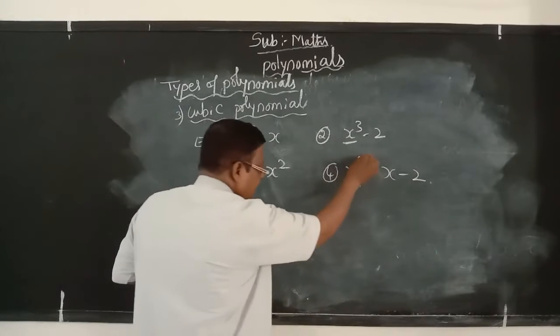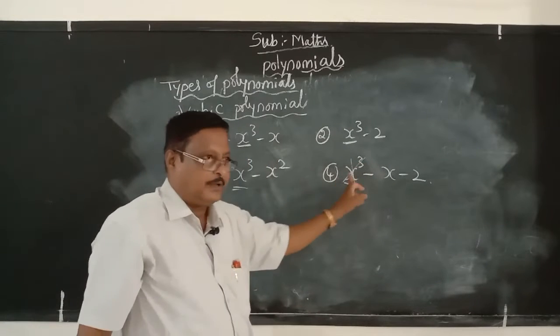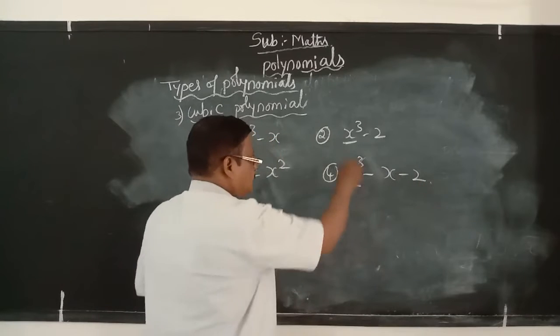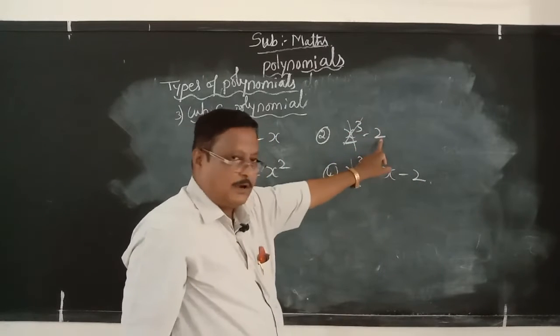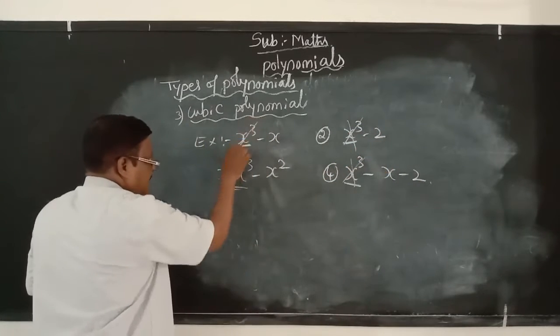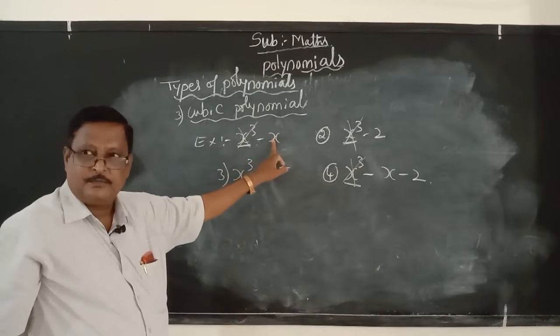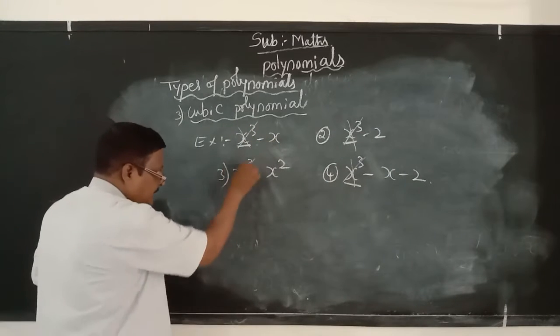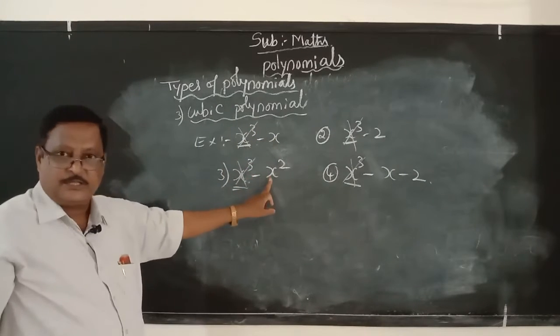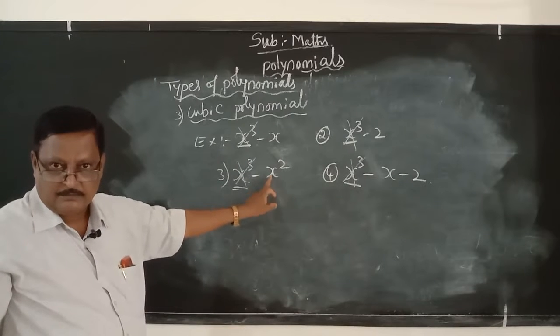Suppose x cube is not there, then this is a linear polynomial. Here x cube is not there, then this is a constant. Suppose here also x cube is not there, then this is a quadratic polynomial.